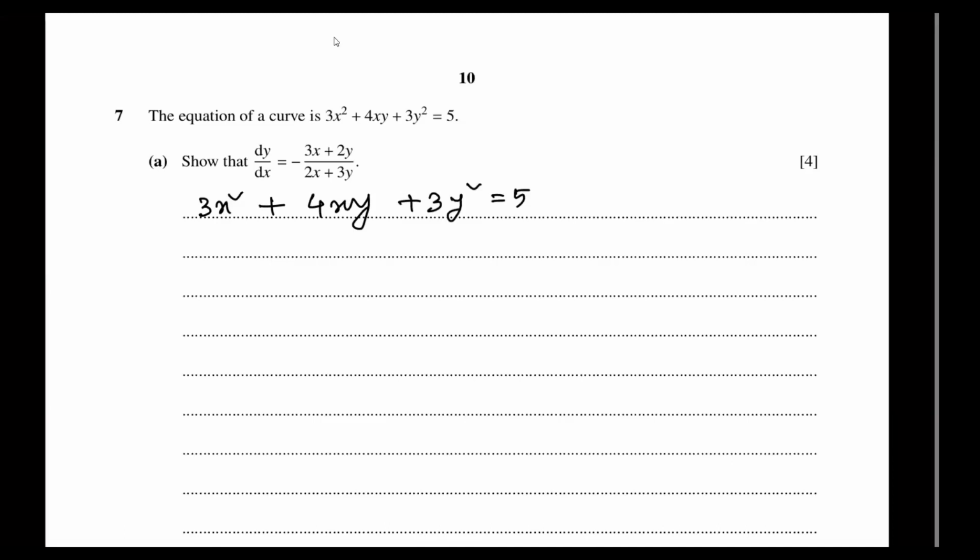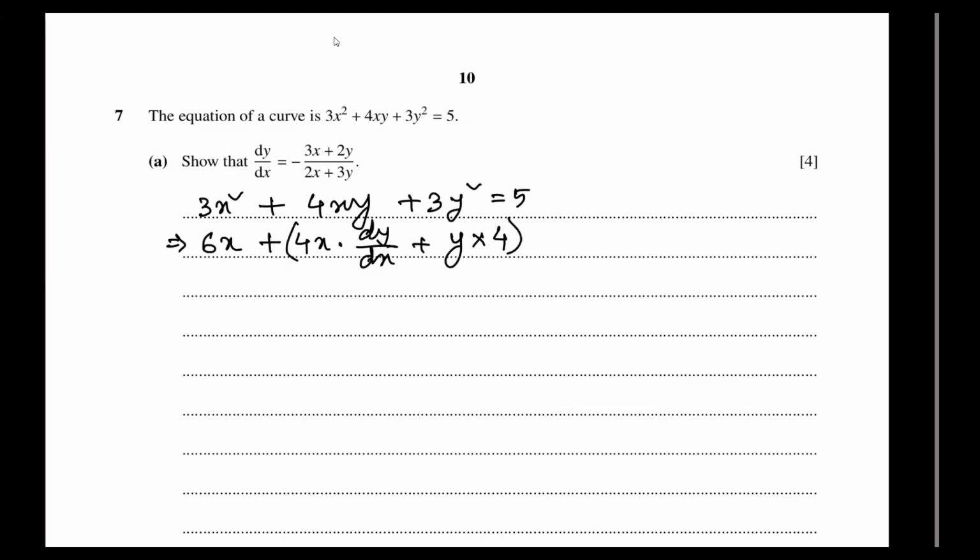Now, if you differentiate the first term, differentiation of 3x square is 6x. Then the next term, we have a product of x and y, so we'll apply the product rule here. Differentiate 4x into differentiation of y, which is dy by dx, plus y into differentiation of 4x, which is 4.